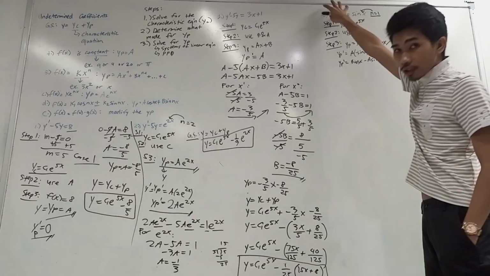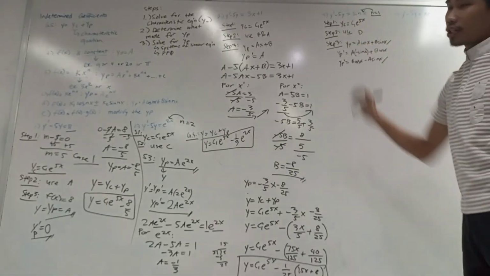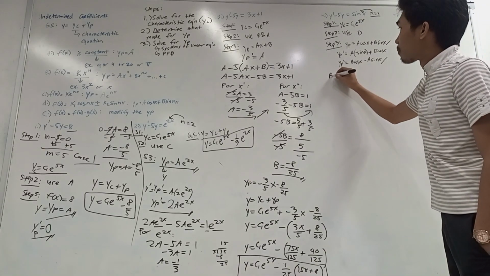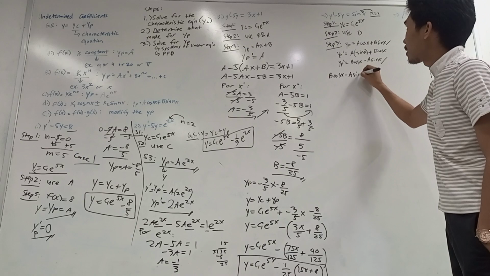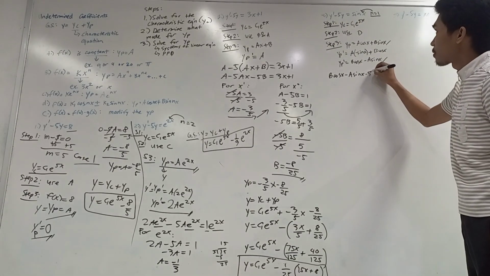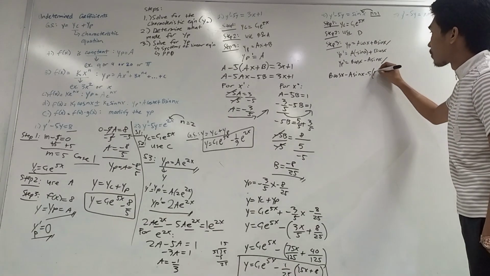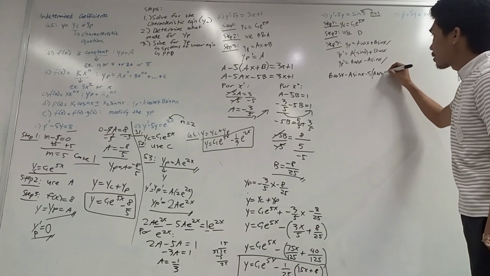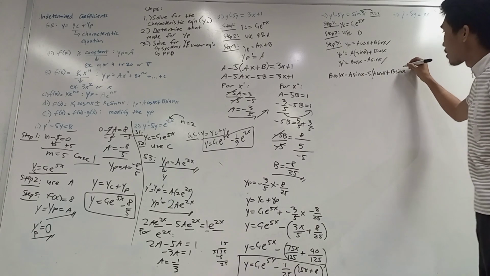So sila substitute sa original equation. B cos x minus a sin x minus 5. Ang y natin is yung yp. A cos x plus b sin x.